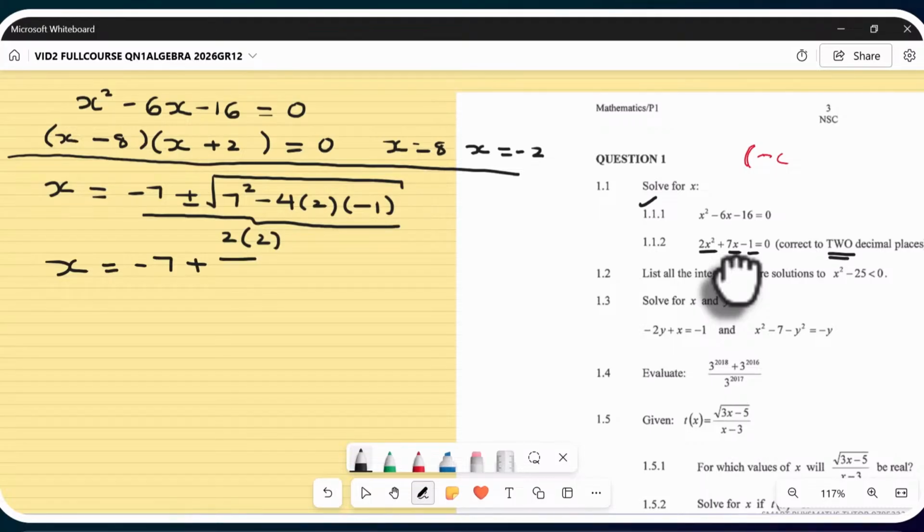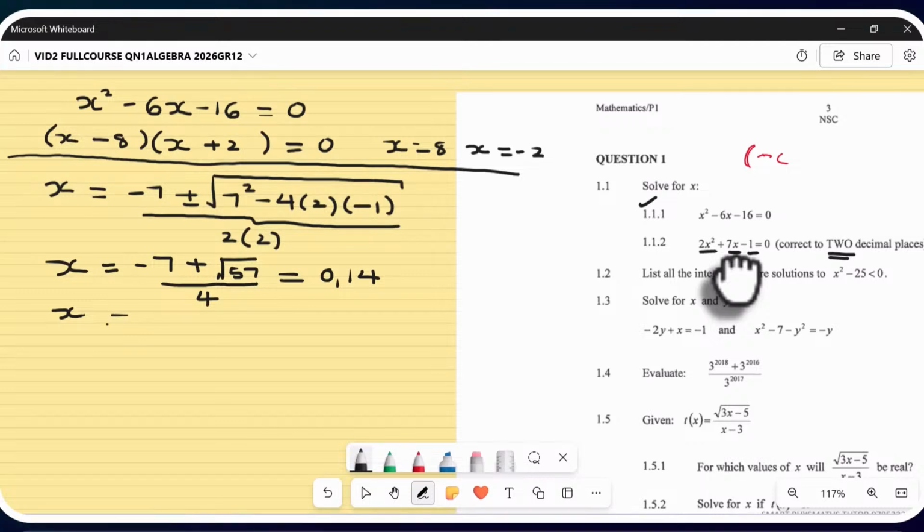Press SD here, 0.14. Or if now I use a minus instead of the plus here, I get negative 7 minus root 57, divided by 4.